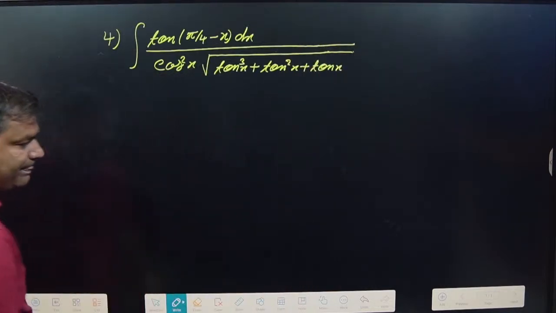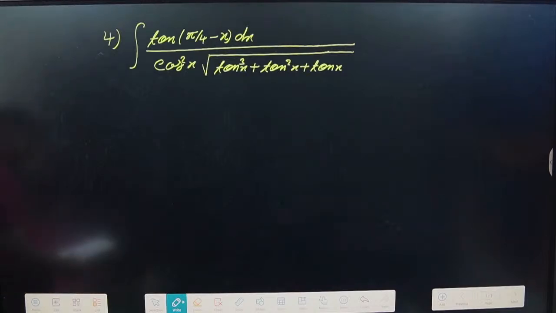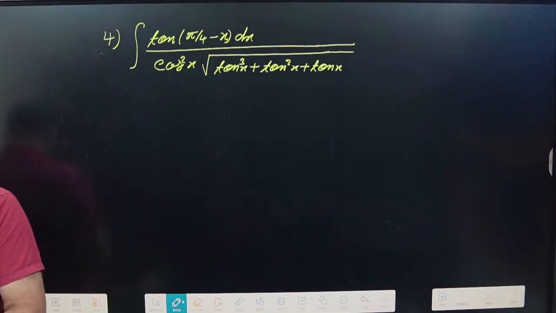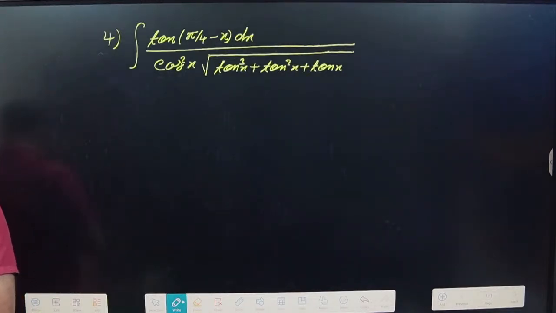That is, tan of pi by 4 minus x upon cos square x into under root of tan cube x plus tan square x plus tan x. How can we solve this type of problem?